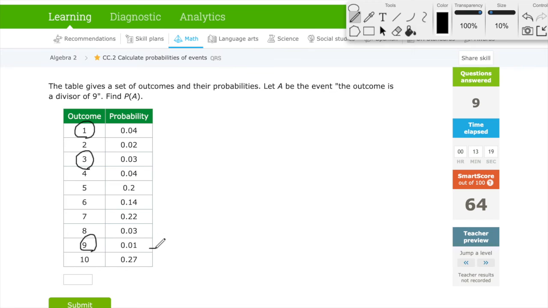So you have these options. Hopefully the divisor aspect of it makes sense what that means. I think after a couple it should, but maybe right off the bat it didn't. So 0.04, 0.03, 0.01 gives me 0.08.